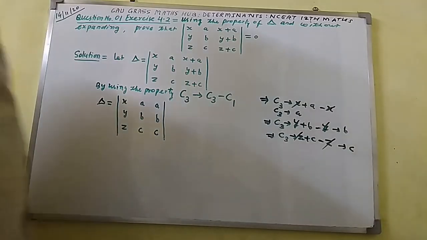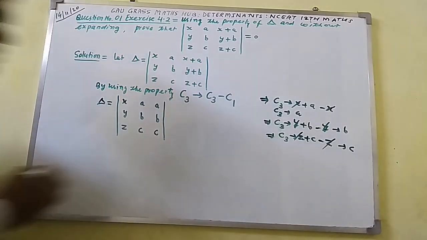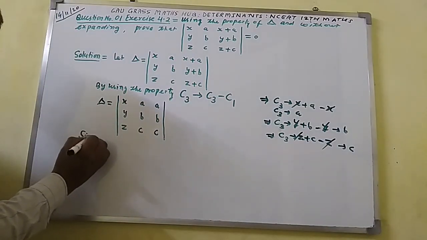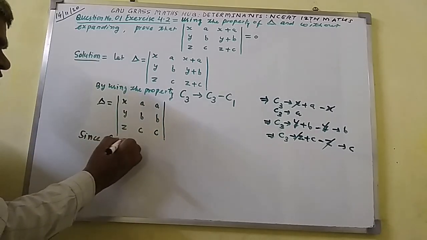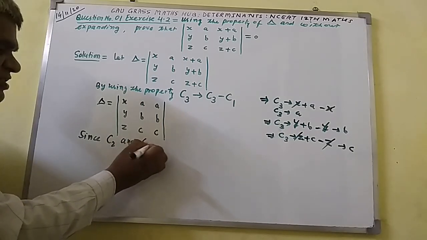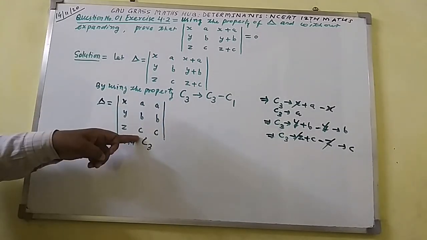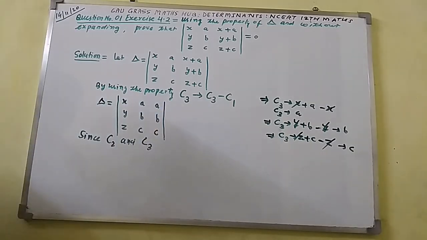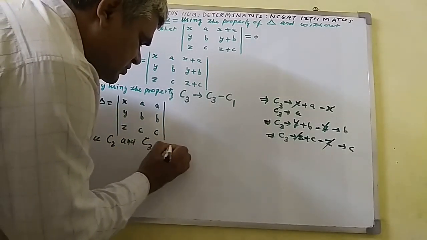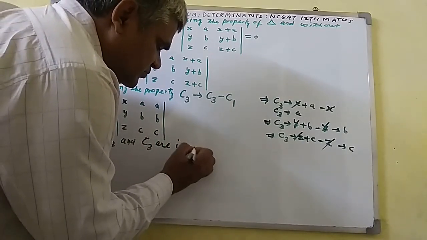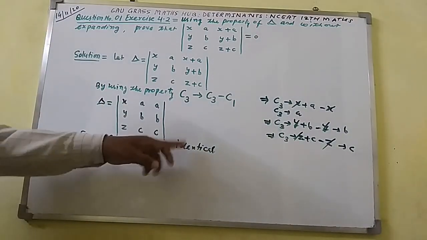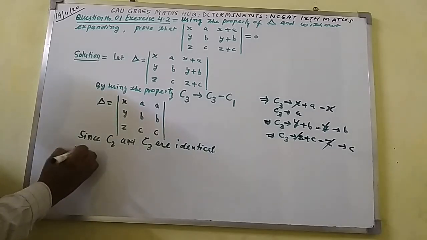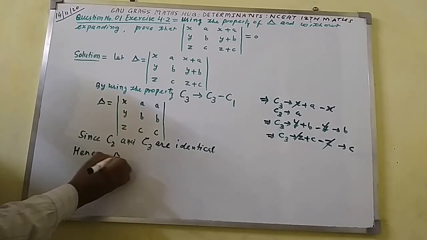So I can write very well that since column C2 and column C3 are identical, the value of the determinant is equal to 0.